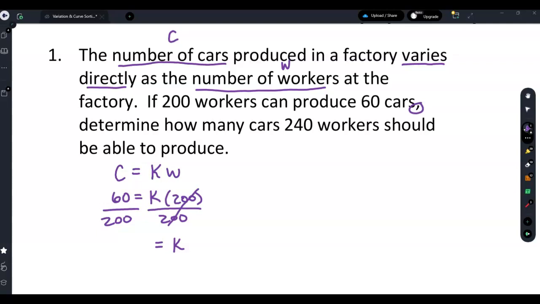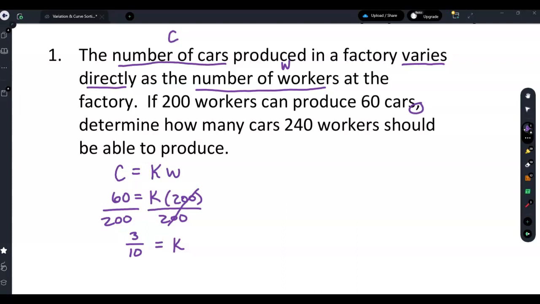What I would do is simplify this fraction, 60 over 200, or use your calculator to get that as a fraction. In this case, this is 3/10. On this one, that would have been 0.3, so it wouldn't hurt you on this one to use that. But if you don't get a nice decimal like that, something that is longer or that repeats, you do not want to round because then it's going to throw off the rest of your answer.